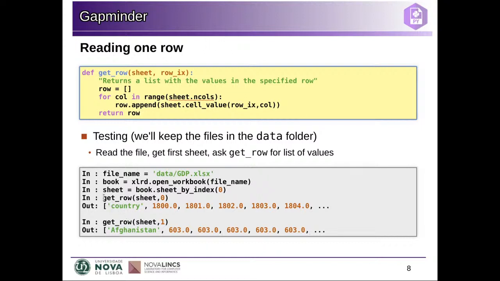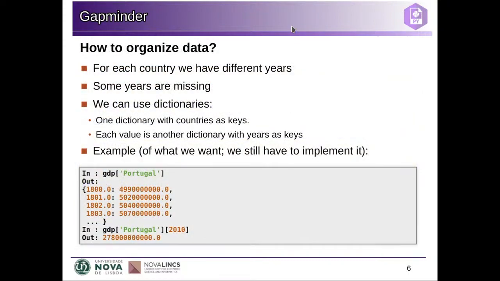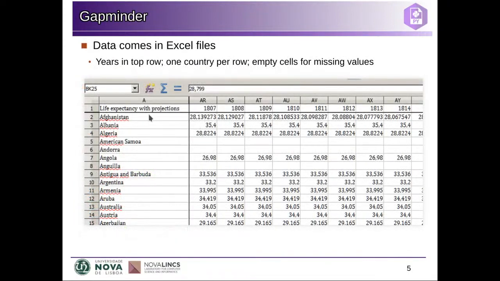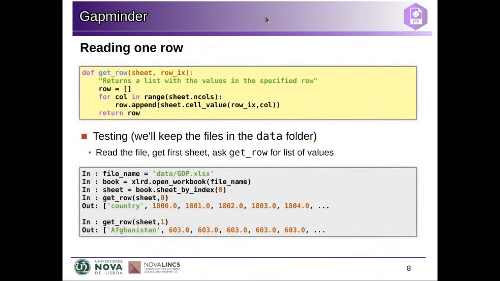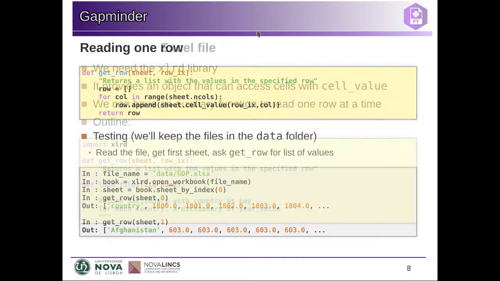For example, if we get the first row from this spreadsheet, row 0, we have this list of values here that corresponds to the header here. So we have the name of the indicator and then the years. In this case, it's life expectancy. In this example, it's GDP, but it's the same format for the spreadsheet.